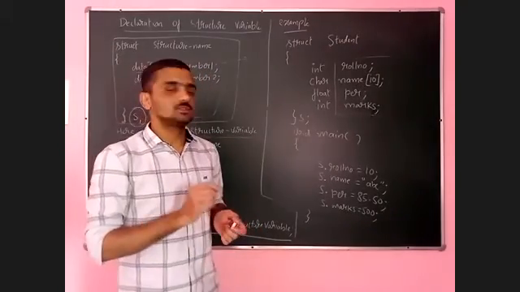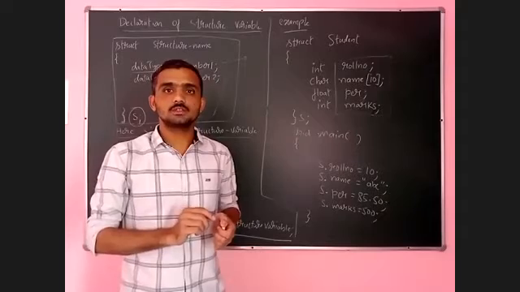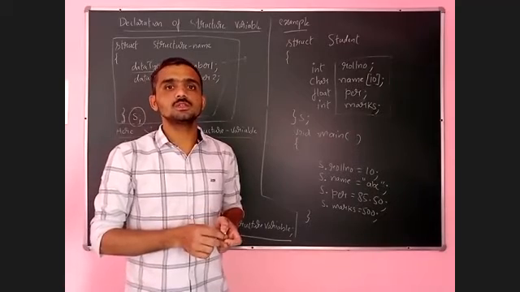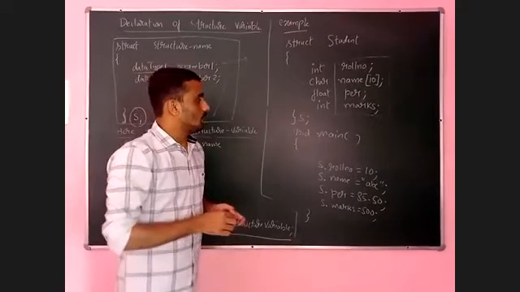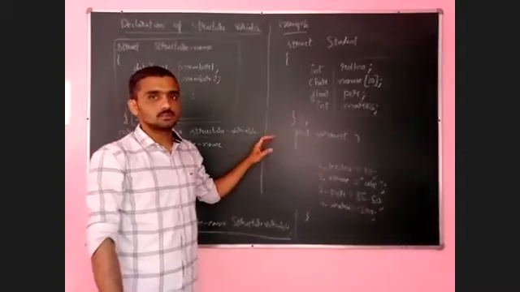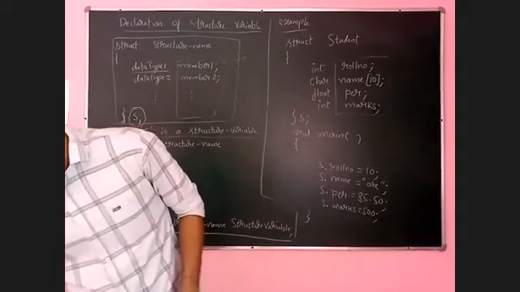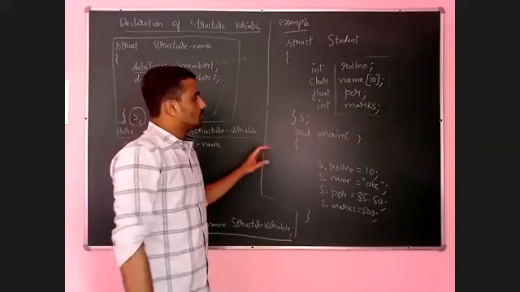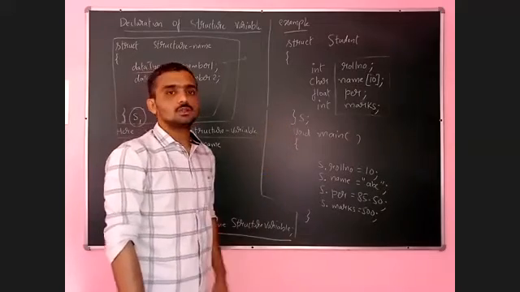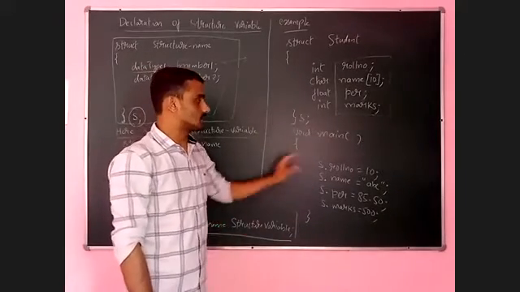Now we will write one small program on declaration of structure variable and using structure members. Before that, we will see the other two methods of declaring a structure variable in this example.